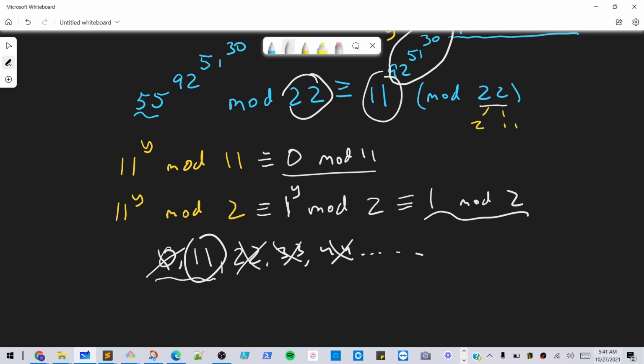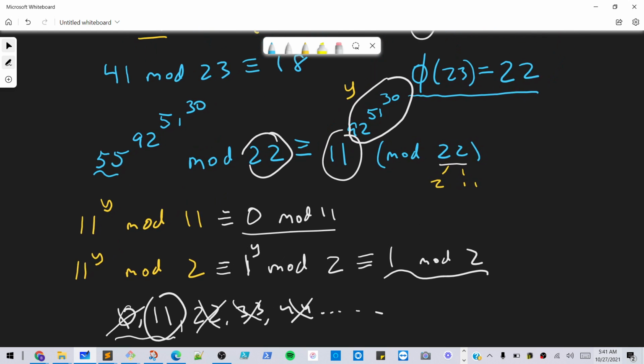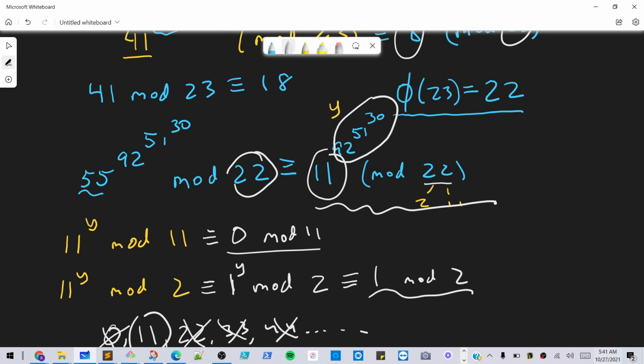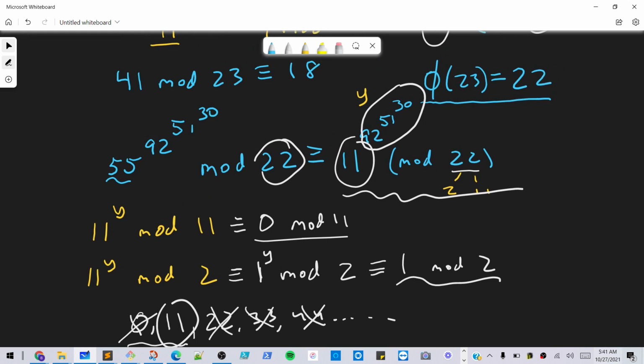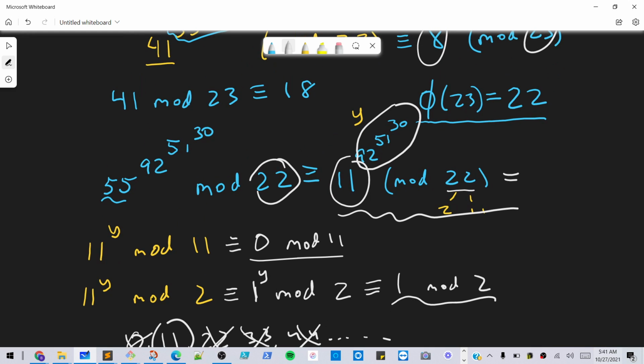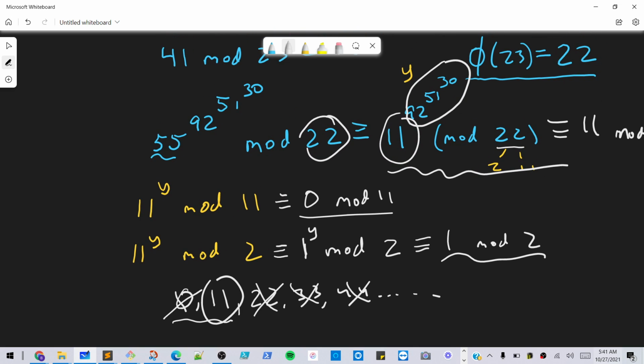So what that tells us, backing up to where we were, is that this whole thing is going to be equivalent to 11 mod 22, because we're including this whole exponent in this.